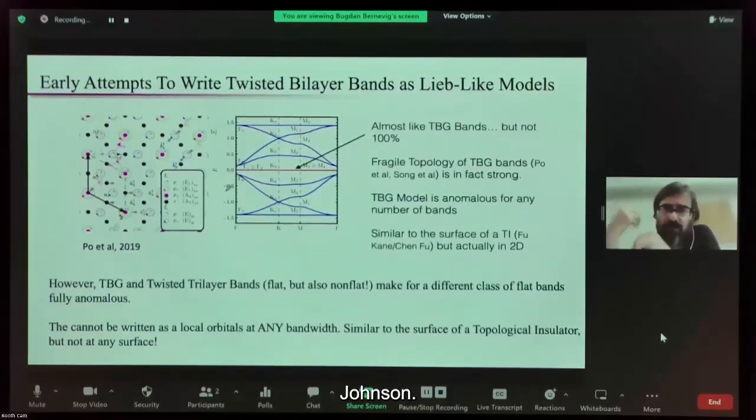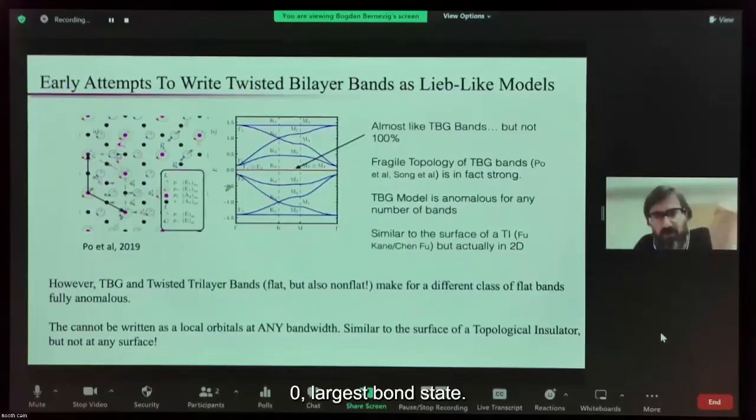And I'll show you, for example, the hexagon spectrum. The moral of the story is that it looks the same. We have a spectrum that goes to zero, which is the largest bound state, and then you have some other bound states in the particle-hole spectrum, etc. Does that answer your question?